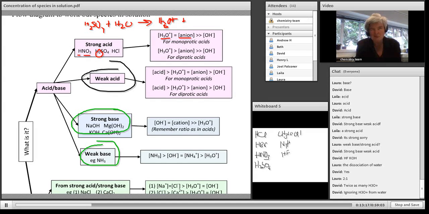HSO4 minus is not quite strong, but you can sort of assume it. Now your hydronium ions, David, correct, you've also got hydronium ions coming from the water, but again, that's a very small amount, 10 to the minus 7 or less. It's not very much. So we can always consider them to be approximately the same.